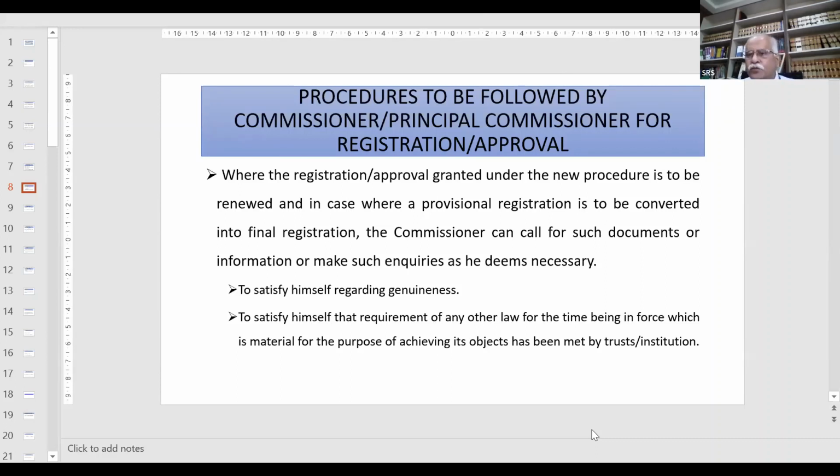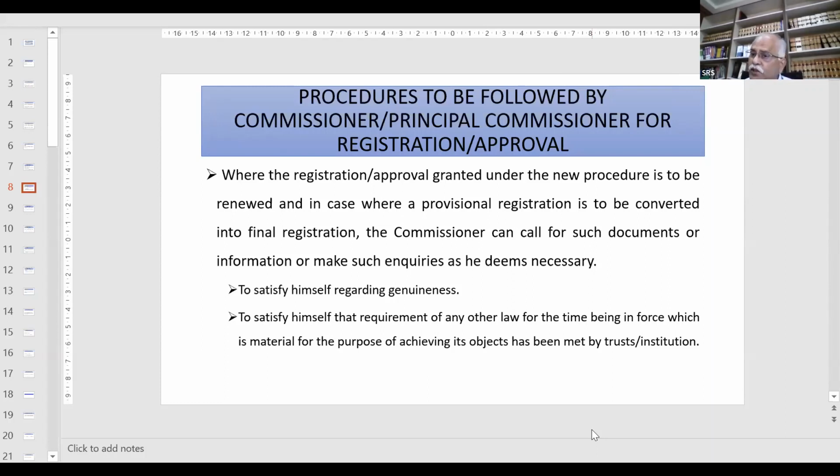Say, for instance, if you are an educational institution running a medical college or engineering college, the All India Council for Technical Education or the Medical Council of India are all the authorities having jurisdiction over you to ensure that you provide proper education and facilities.